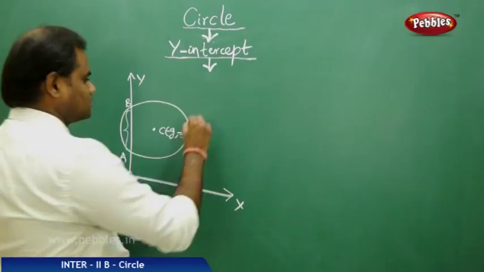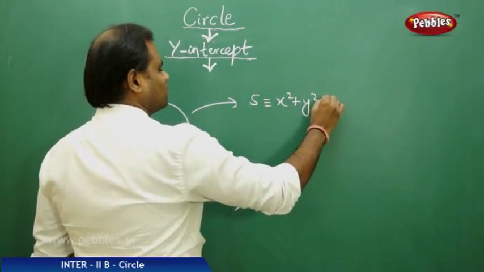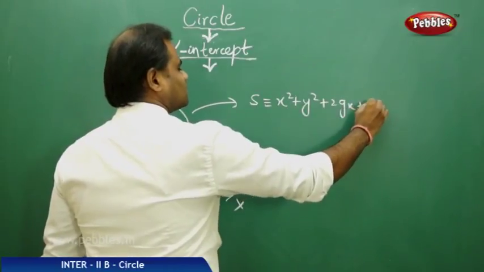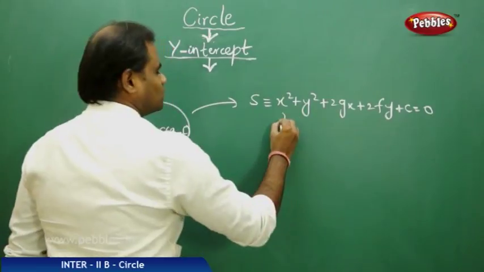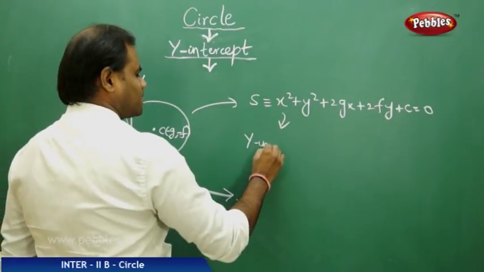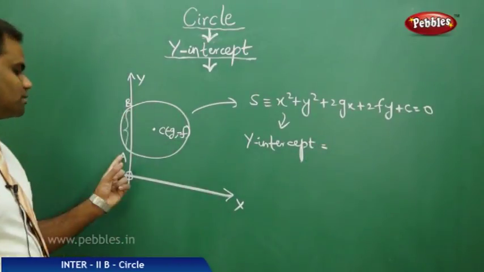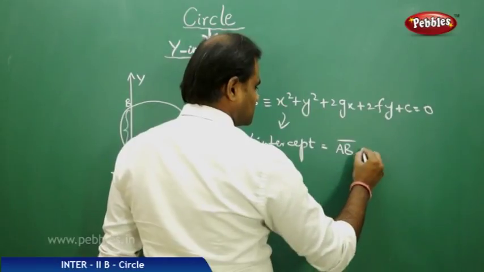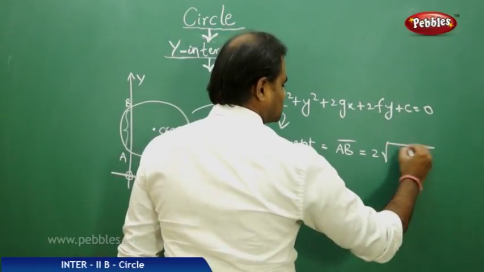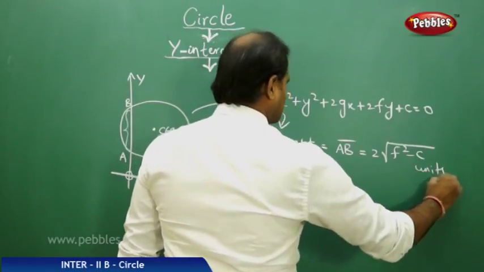So for an equation of circle in general form equal to 0, I have the y-intercept, which is given by the distance AB, which is nothing but 2 root f square minus c units.